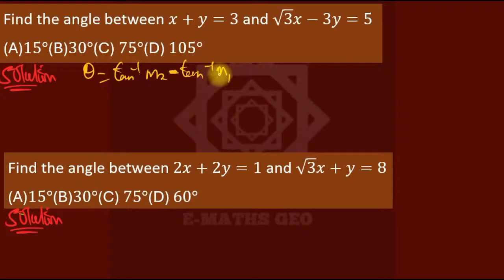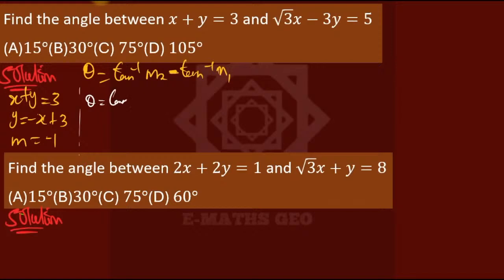For the first line, we are given x plus y equals 3. We see that y will be minus x plus 3, making the slope minus 1. Therefore, the angle is arctan of minus 1, which is 135.